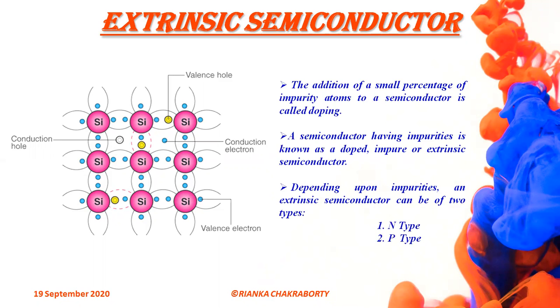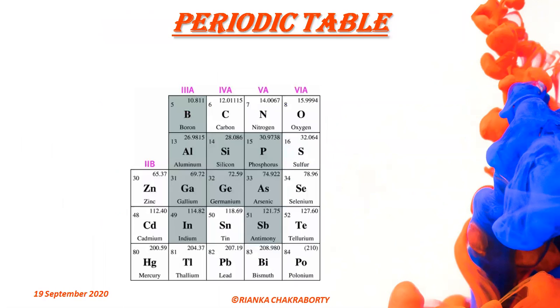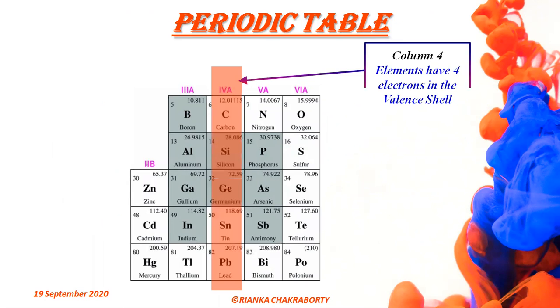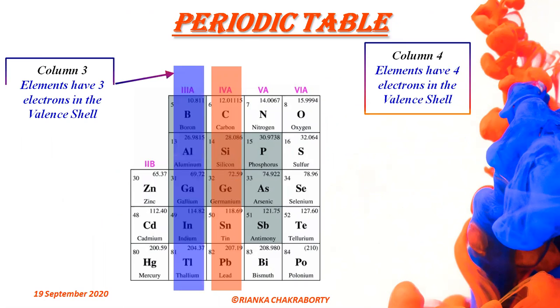Depending upon the impurities, an extrinsic semiconductor can be of two types. One is the N-type semiconductor and the other is the P-type semiconductor. Now here we see the periodic table. This is the group 4 column. Carbon, silicon, germanium are group 4 elements, which have 4 valence electrons in the valence shell.